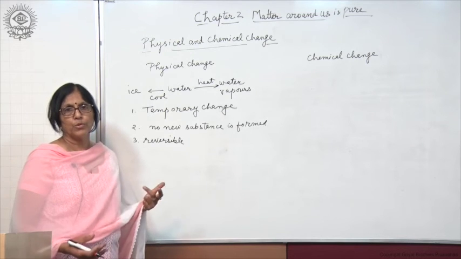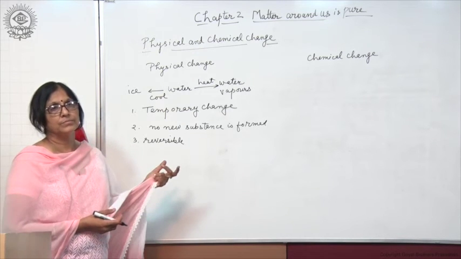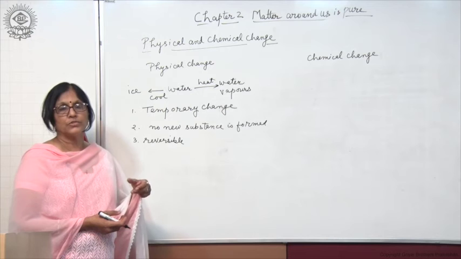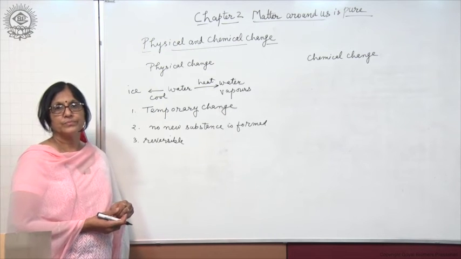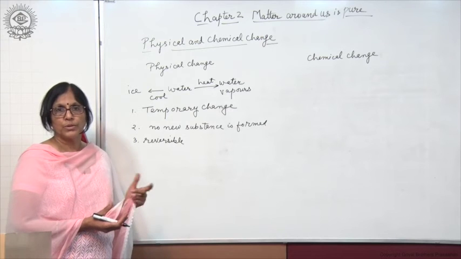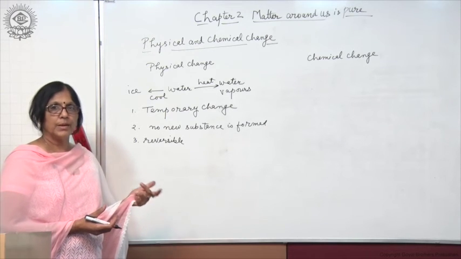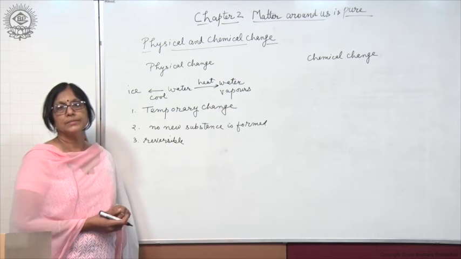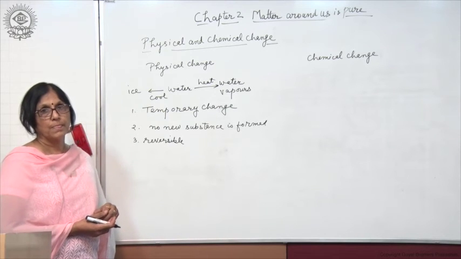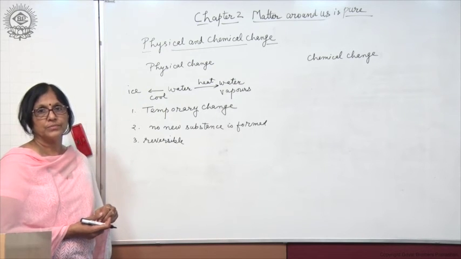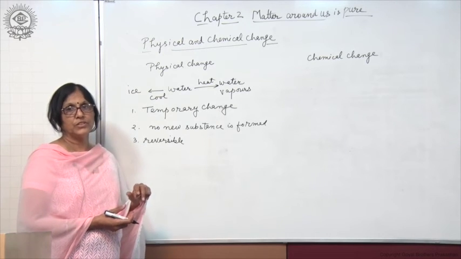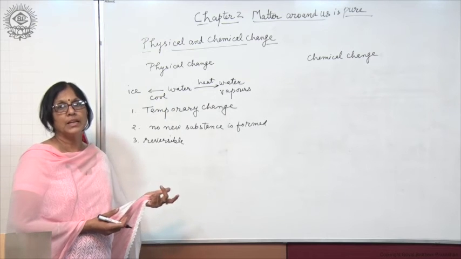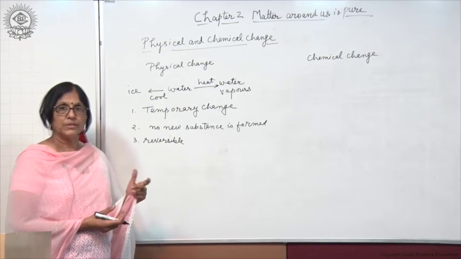So, think about some more physical changes, like dissolving salt in water. Is it a physical change? There is no new substance formed. We can get back salt also, and we can get back water also. So, it is a physical change which can be reversed. Melting of wax is a physical change.